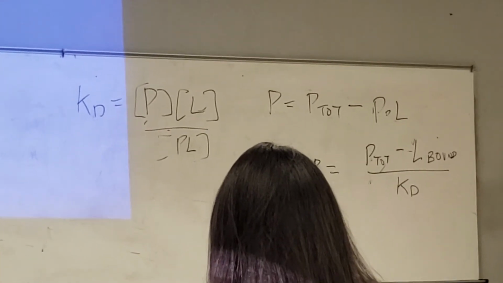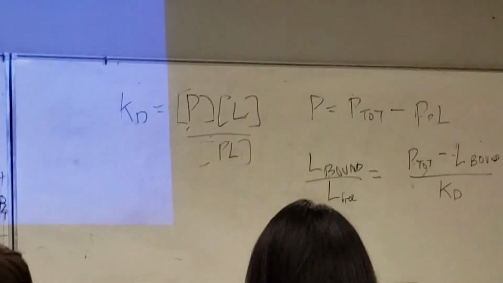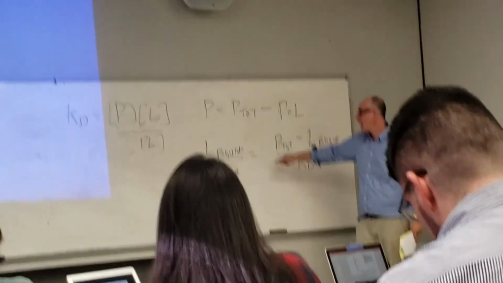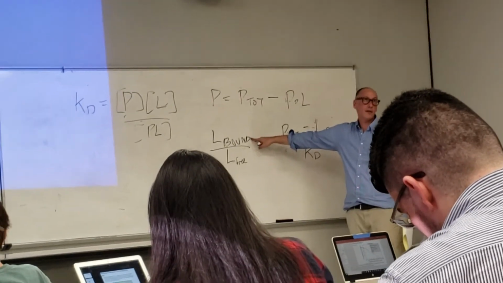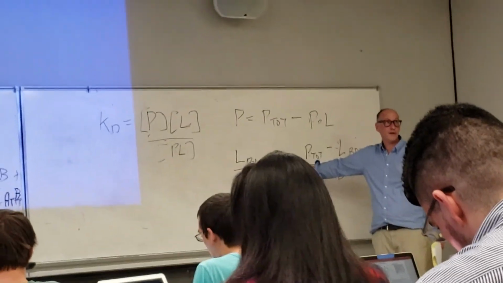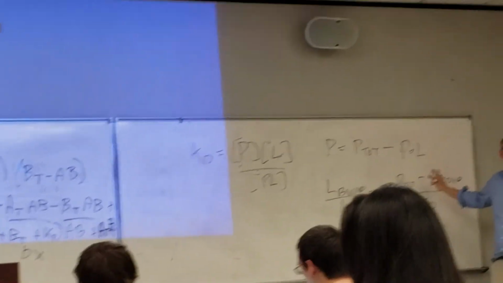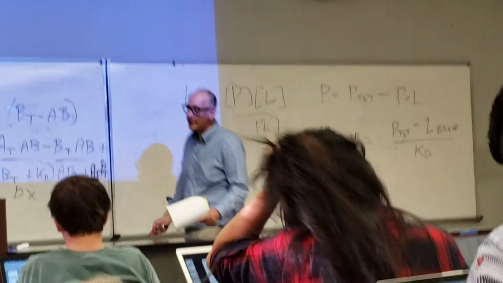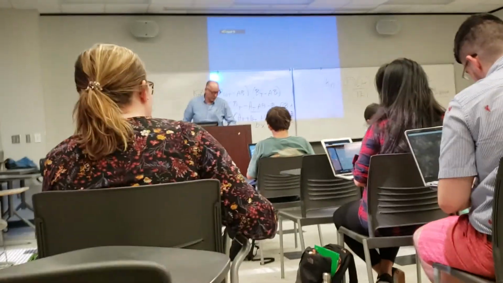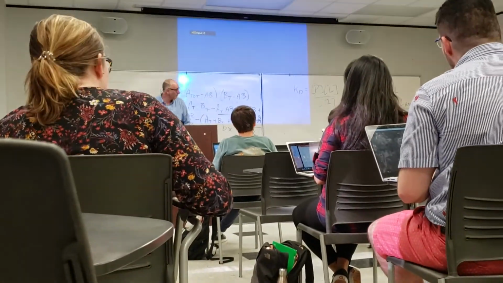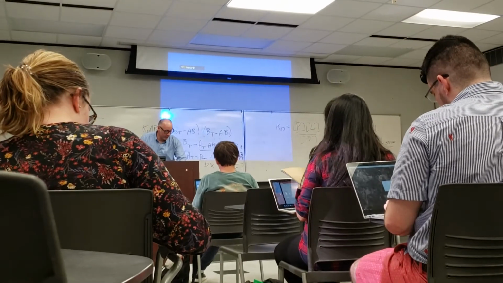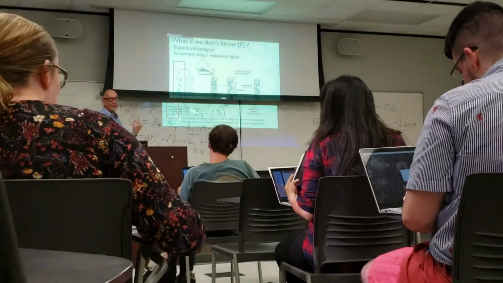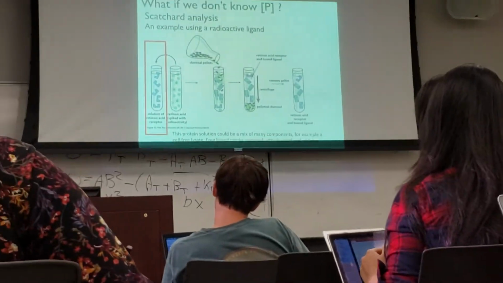This is useful because now I'm focusing on the ligand: how much is bound and how much is free, because I don't know much about the protein. I'm looking at it from the context of the ligand rather than the protein.